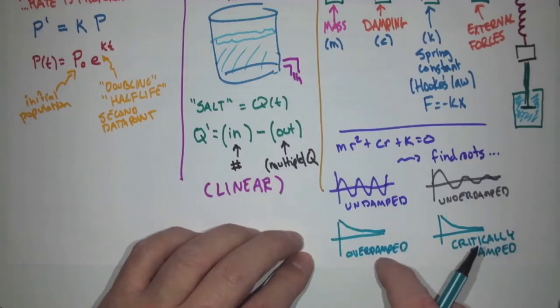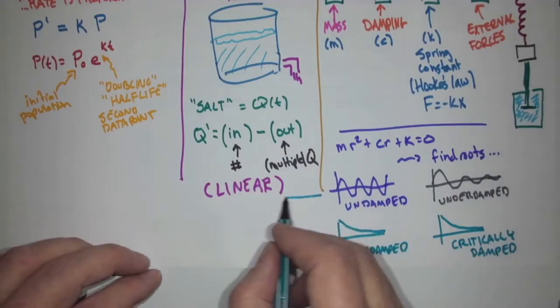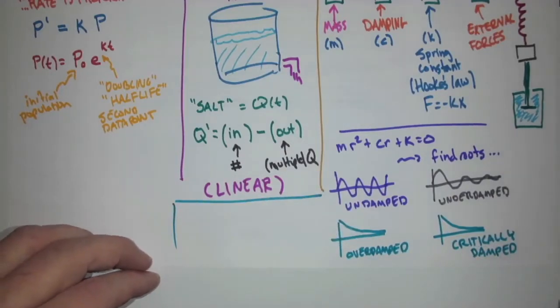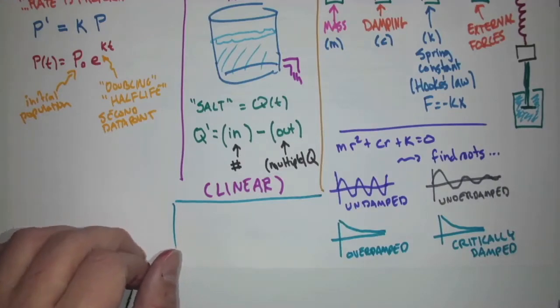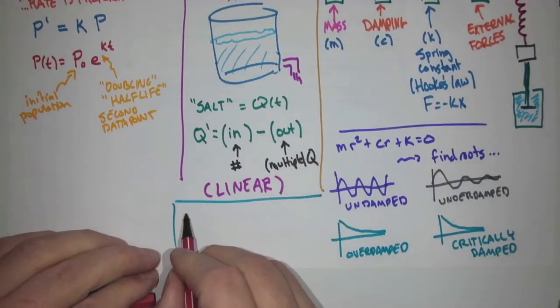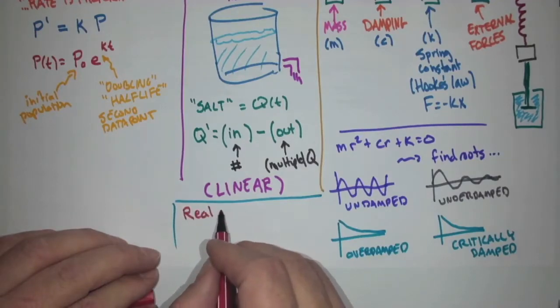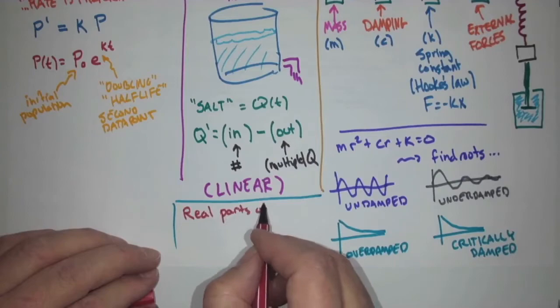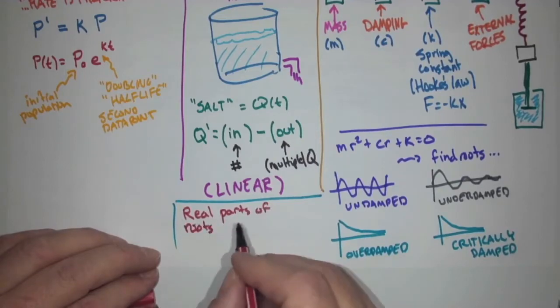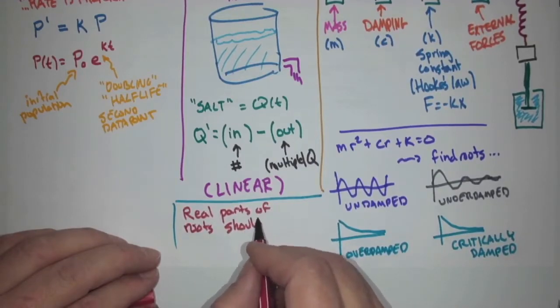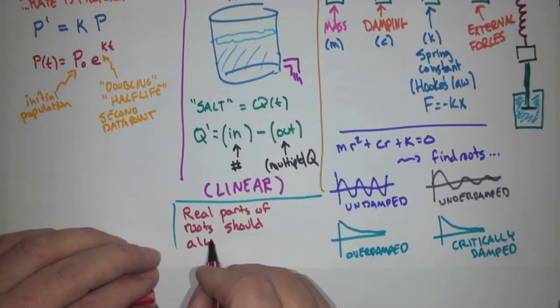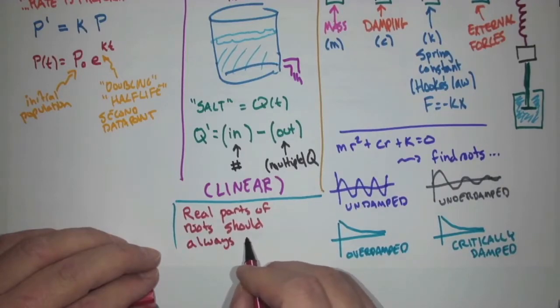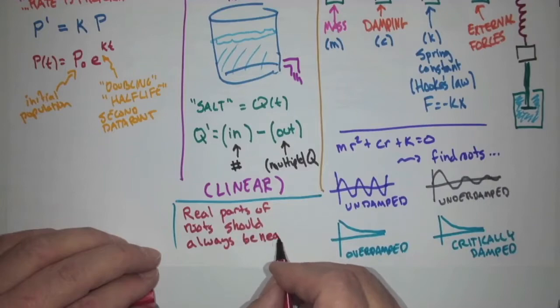Overdamped is distinct roots. Now, one thing I just want to point out, there's a small check that you can do. And that is that the real parts of your roots should always be negative. So if you are doing a problem and you end up with a positive root, what does that mean?